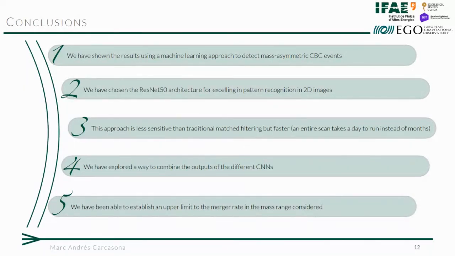Oh, yeah, so there could be, but in this case, since we knew when we did the training that the traditional pipelines had found none, we just assumed that there are no events, and the ones that we skipped are the traditional CBCs. So we didn't want to inject our signal on top of a CBC that is known. We have the catalog, so we could neglect the periods in the catalog that was already available, so the 2.1 catalog.